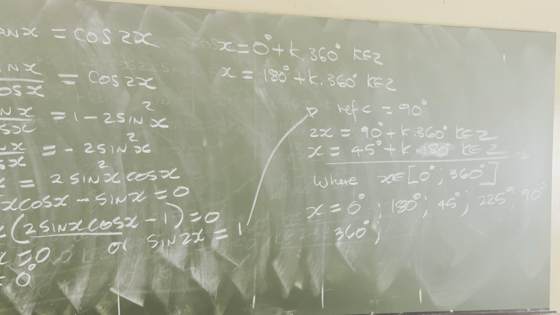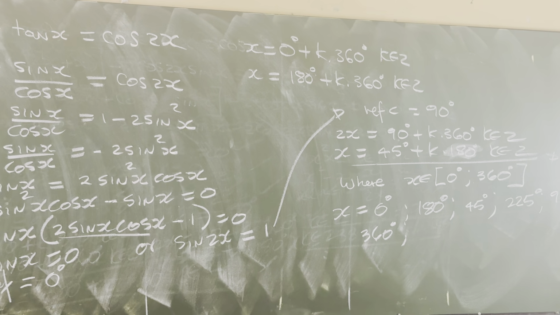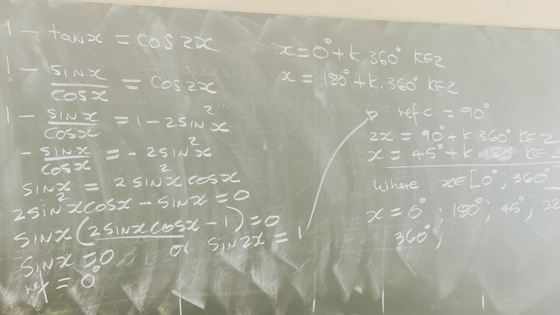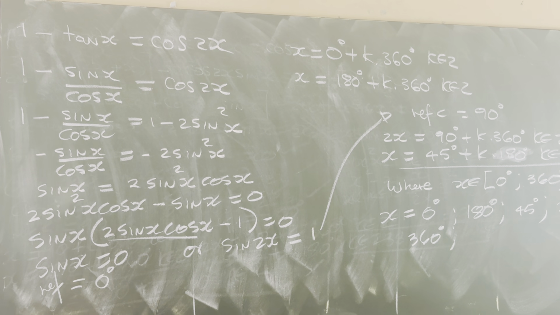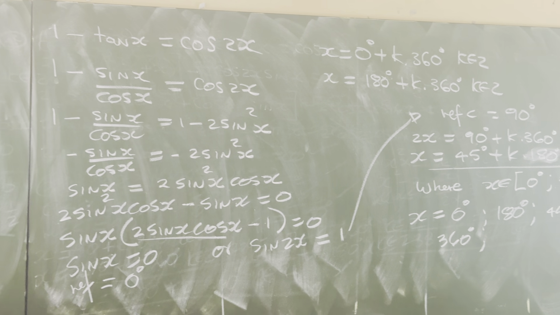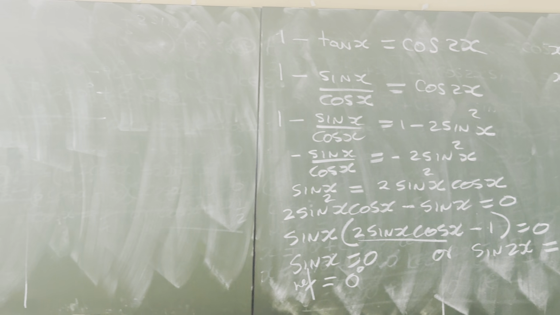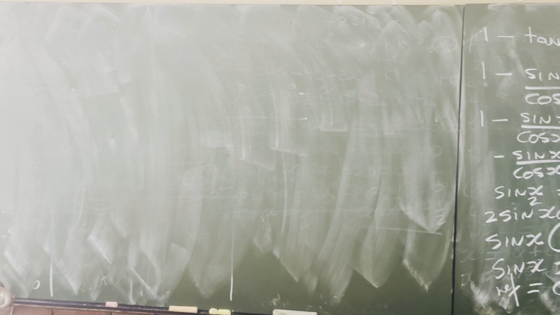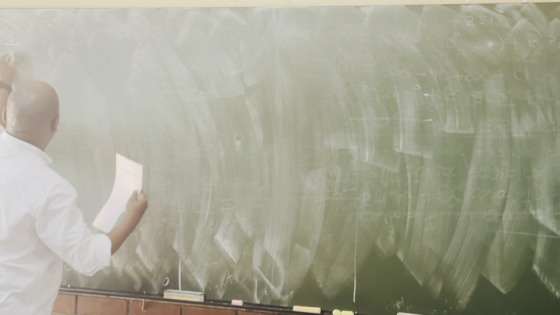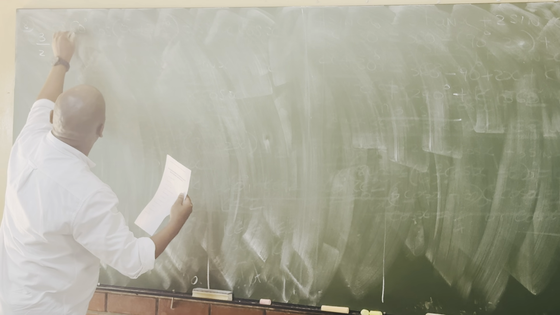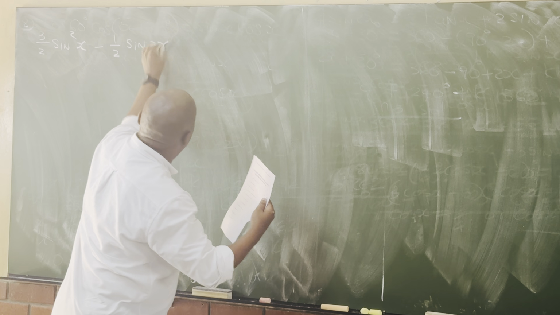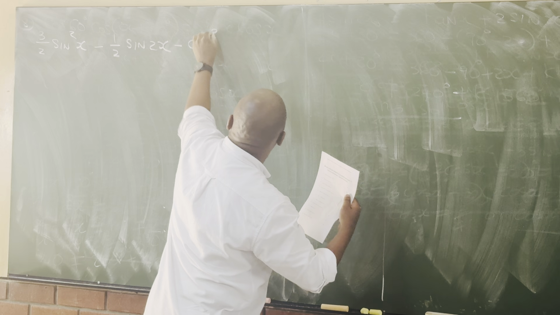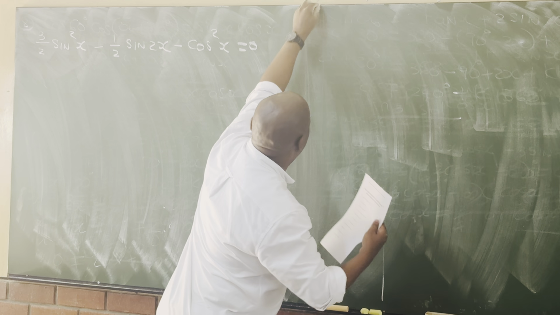Yeah, in number 10, very good question. Let's do number 10. Alright, so number 10, we have 3 over 2 sine squared x minus 1 over 2 sine 2x minus cos squared x is equal to 0.